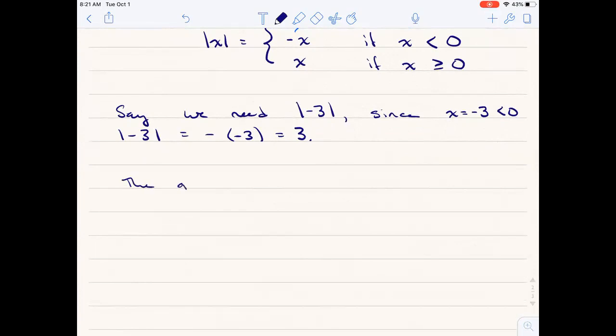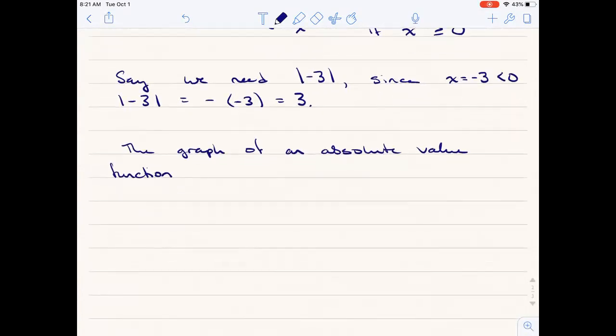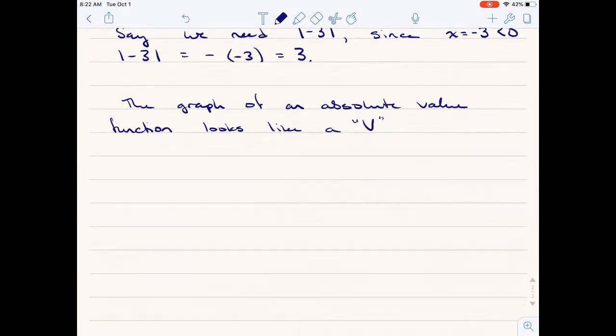The graph of an absolute value function looks like a V. We'll come back to what the graph looks like later, but for now, let's just do example 3.